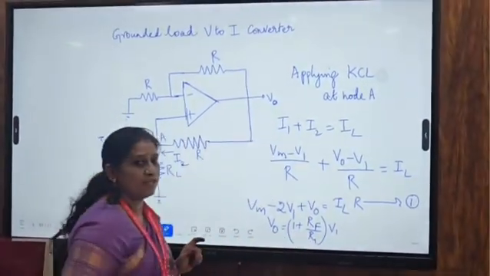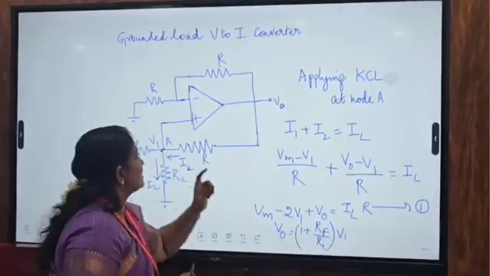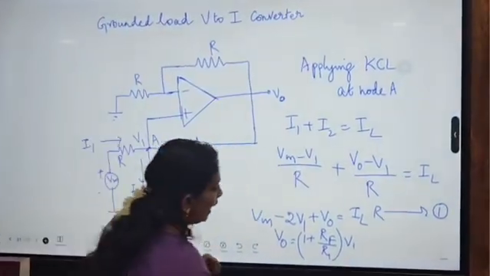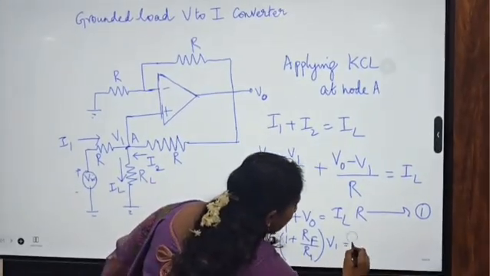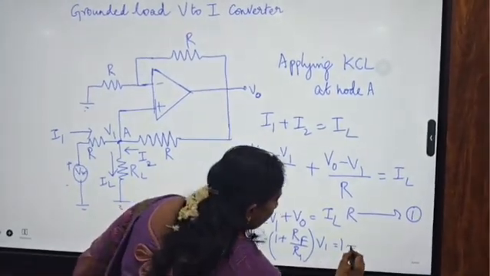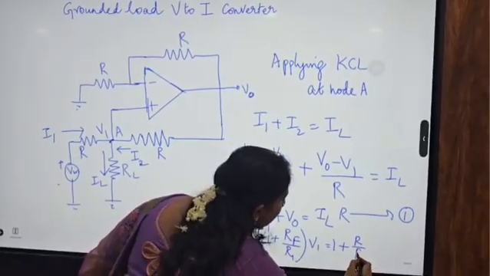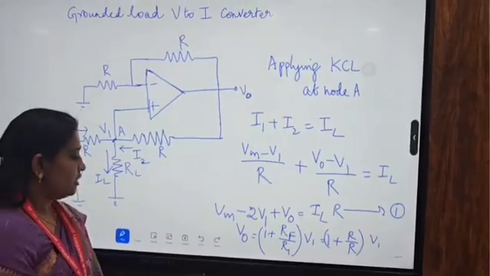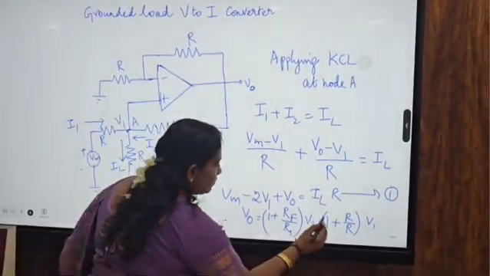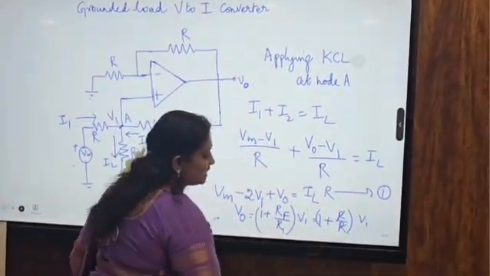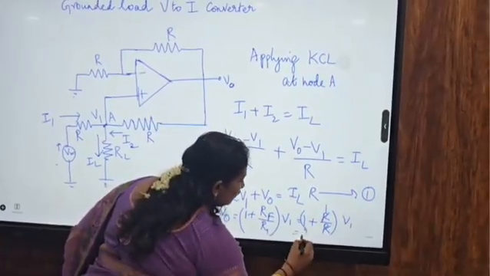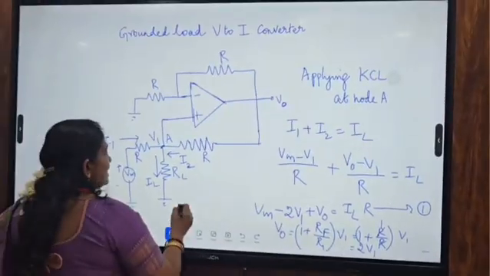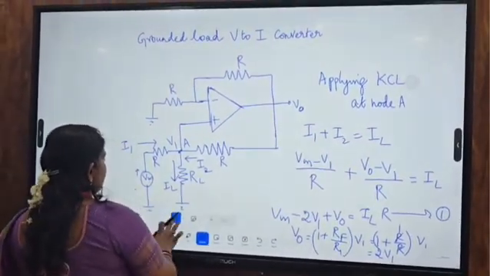Here Rf is the feedback resistance and R1 is the input resistance. Here Rf is equal to R and R1 is equal to R. Substituting, you get 1 plus R by R into V1. R by R gets cancelled, so it will be 1, so it is 2V1.